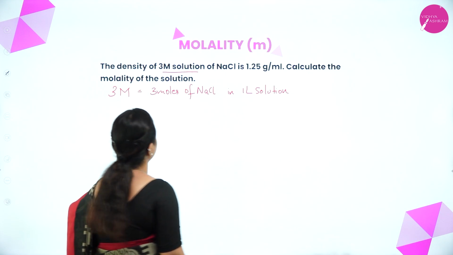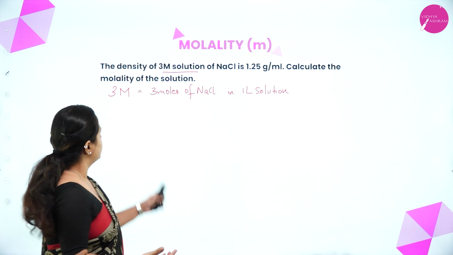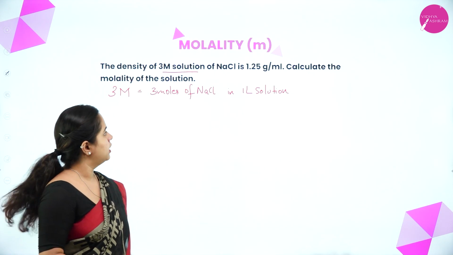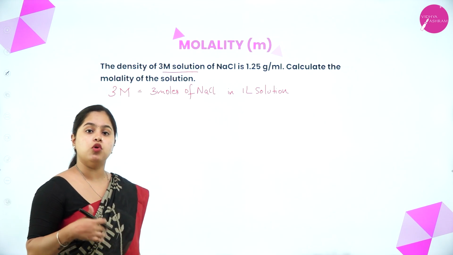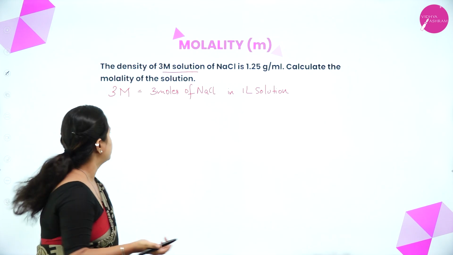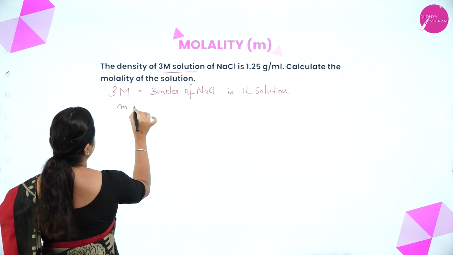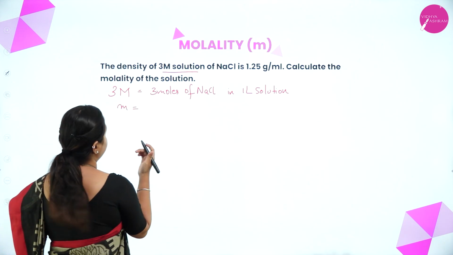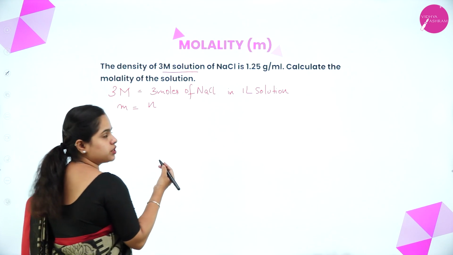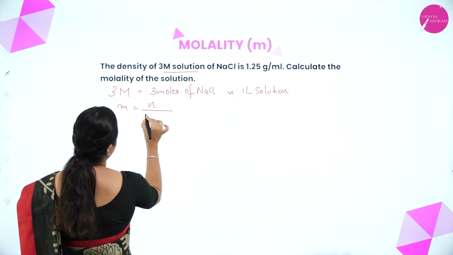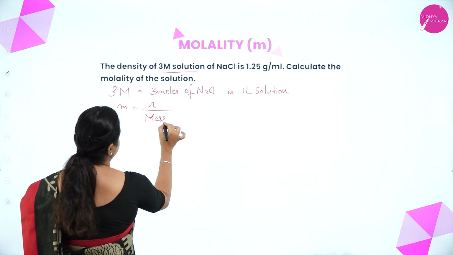Right. So this is what is meant by 3 molar solution. So moles is given here. Now what do you have to find? You have to calculate the molality of the solution. So we know that the equation to find molality, represented by small m, is number of moles of your solute divided by mass in kg.